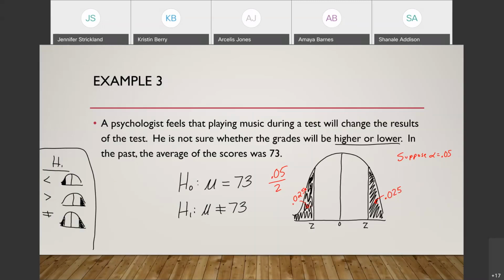Okay, we need to find this part so that we can use our table. So we're going to subtract one of the tail values from 0.5. That should give you 4750.